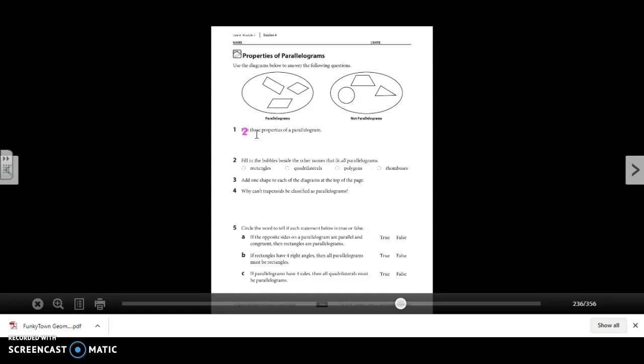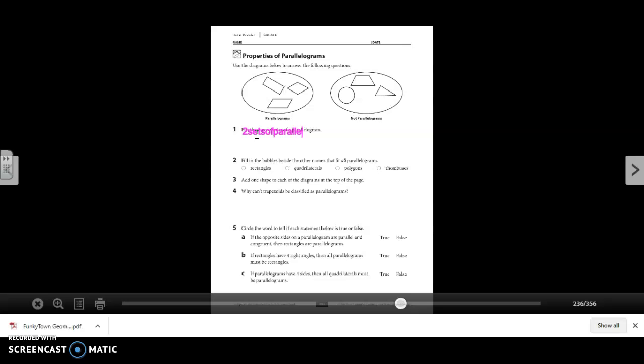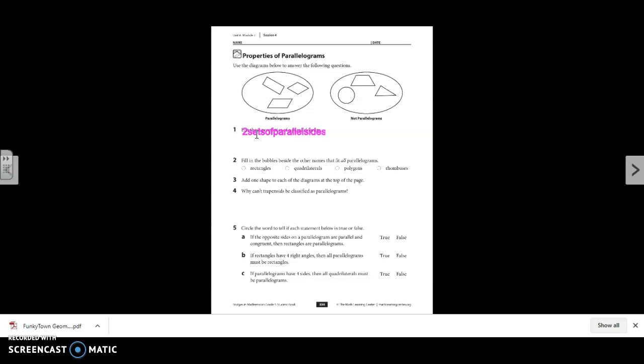Some things that you could say are the parallelograms have 2 sets of parallel sides. Something else you could say would be they have 4 straight lines. Something else you could say is they're all closed shapes.